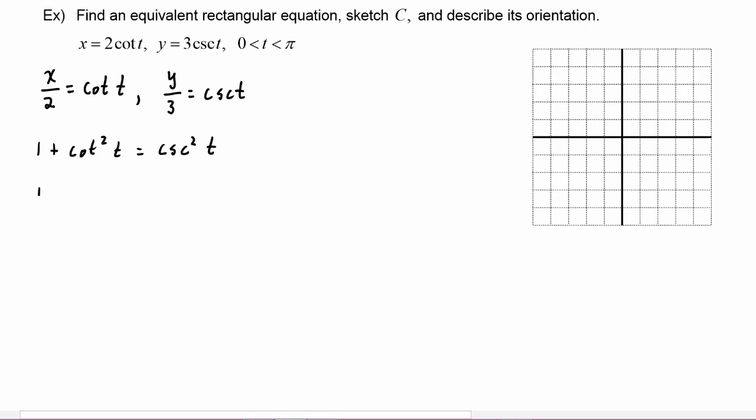So this becomes 1 plus, instead of cotangent, we are going to put x over 2 quantity squared is equal to, on the right hand side we will substitute for cosecant and put instead y over 3 quantity squared. So we have 1 plus x squared over 4 is equal to y squared over 9.